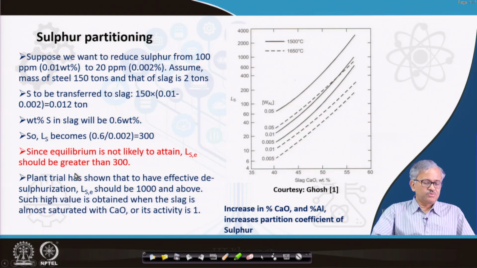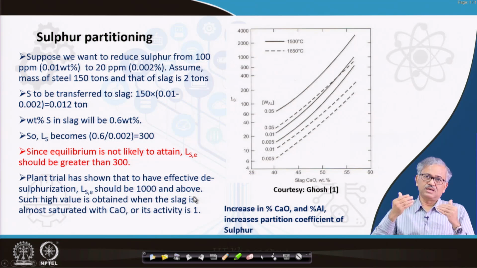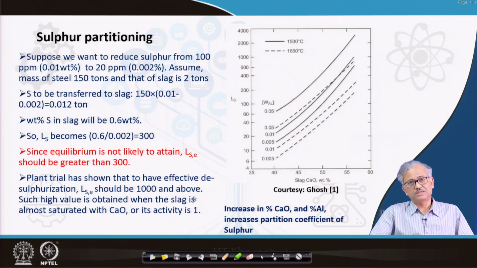So the plant trial has shown that to have effective desulphurization, the LAC should be of the order of 1000 and above, not only 300. That is the equilibrium partitioning.